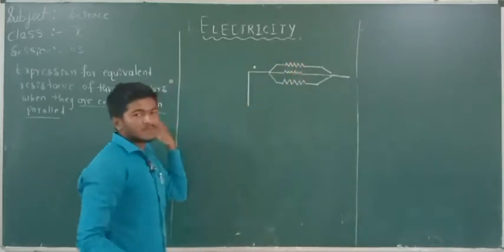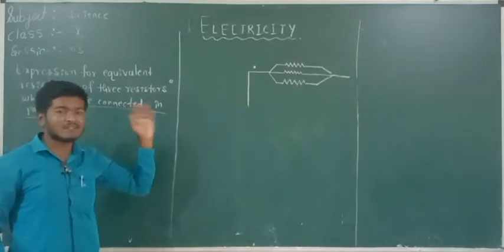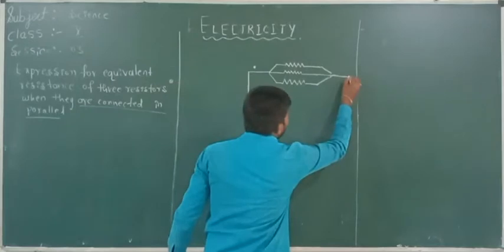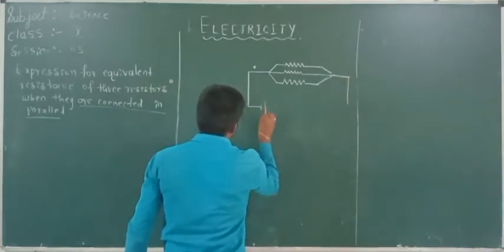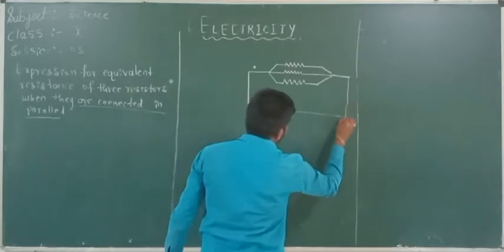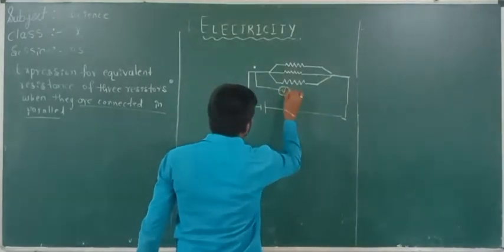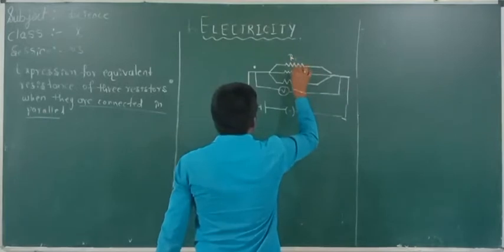In the last expression we studied, we drew the circuit of three resistors when they are connected in series, but here are the three resistors when they are connected in parallel. This is the voltmeter, R1, R2, R3.